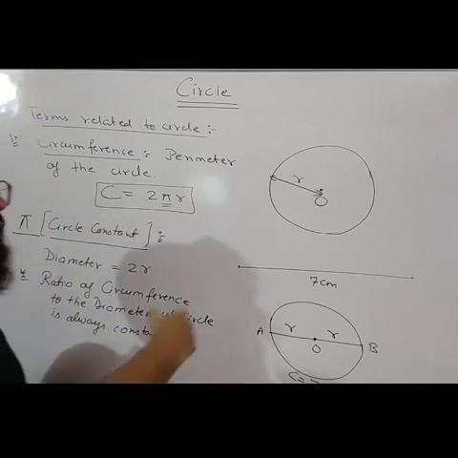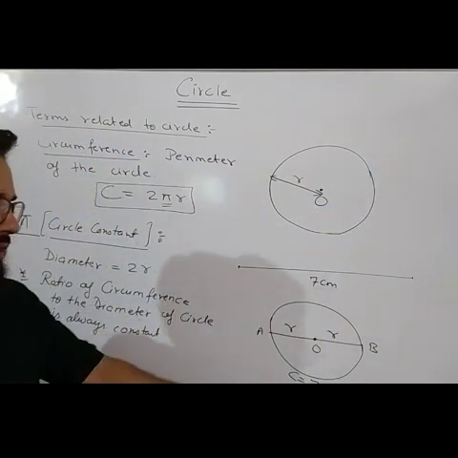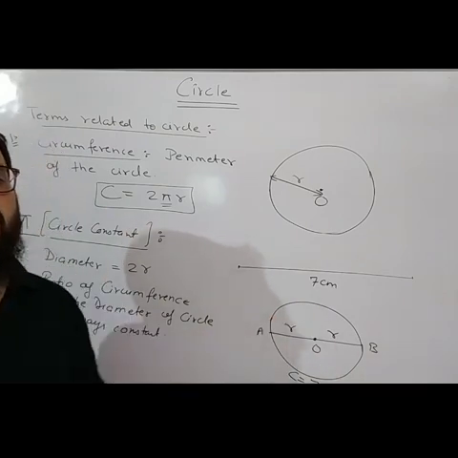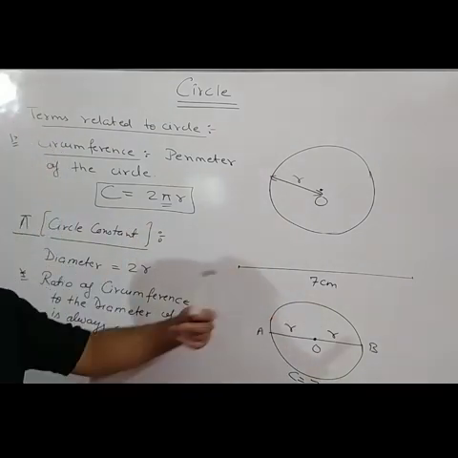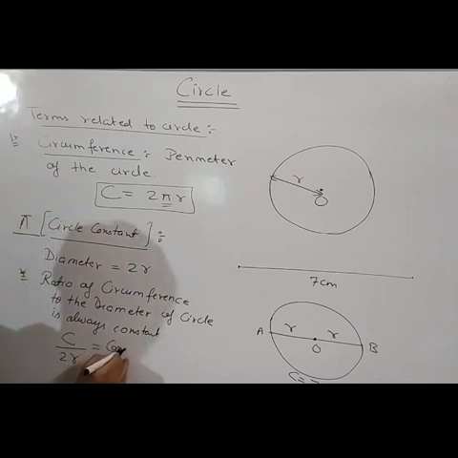You may take any length of wire and form a circle. Then the ratio of the circumference of the circle to the diameter of the circle will always be constant. Means circumference upon 2r, diameter means 2r. This is the value of pi. The ratio of circumference and diameter is always constant.